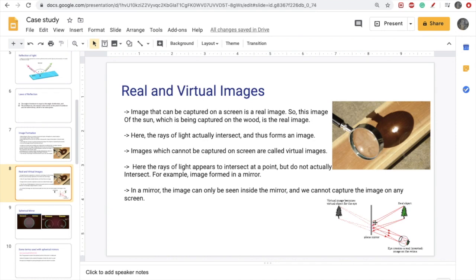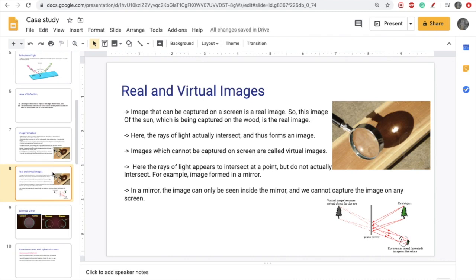Now when they reflect, for our eyes it will seem like it is coming from behind the mirror. Actually it is here, but because the light has come in a reflected manner, it will appear as if the image is inside the mirror. So this image is actually a virtual image, because it is not formed by actual intersection of rays. It is formed only because we feel that it is intersecting. Okay, so this is a virtual image.